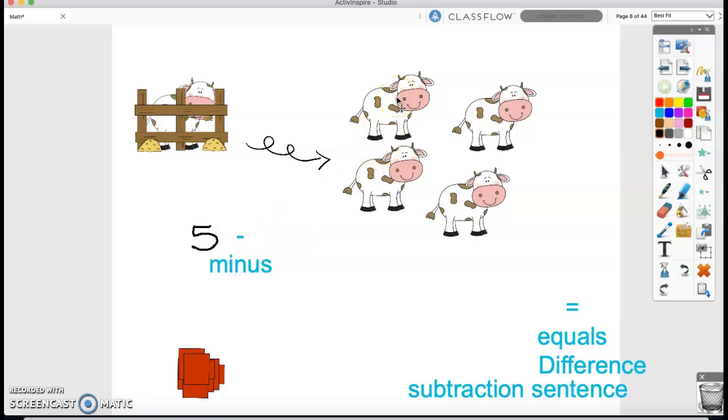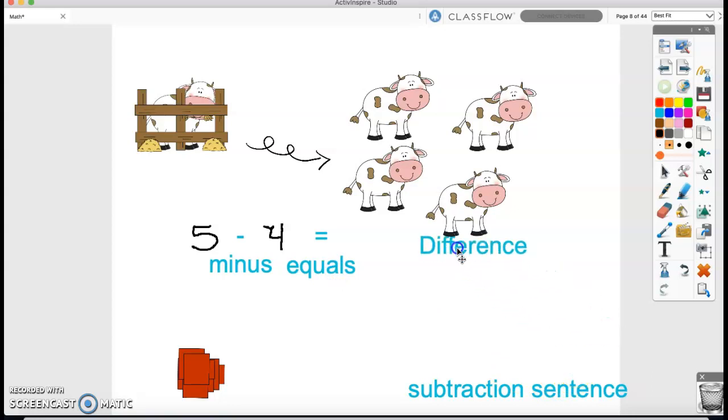And I see I have 1, 2, 3, 4. I have 4 cows that walked away. And I want to know what that equals, how many I have left. And when I find what's left, that's called the difference.